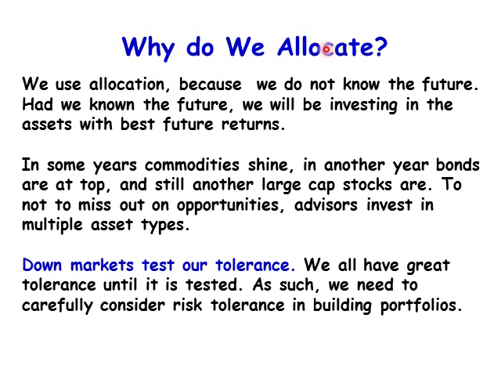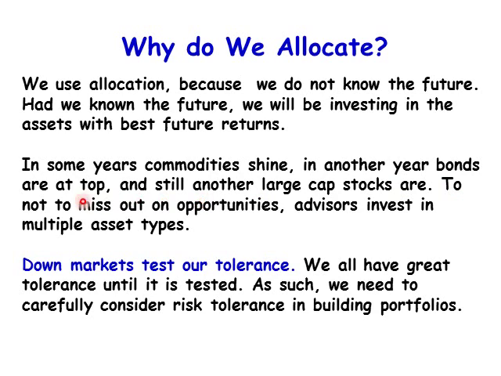Why do we do allocation anyway? We use allocation because we do not know the future. Had we known the future, we'd be investing in the assets with the best future returns. The goal of our investing is to build up wealth as quickly as we can. In some years, commodities shine. In other years, bonds are at the top, and still another year, large caps are in.